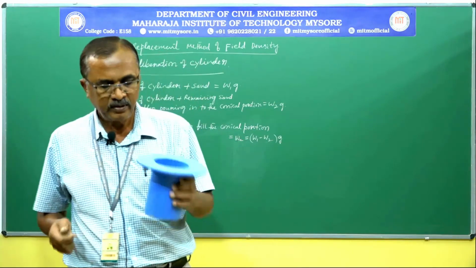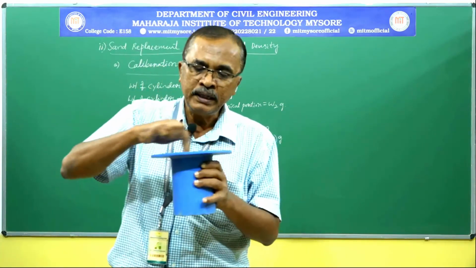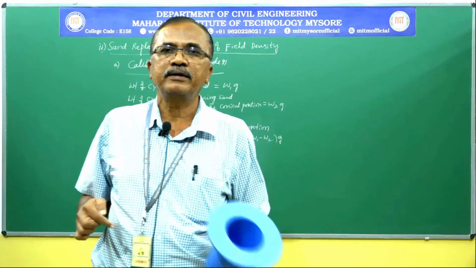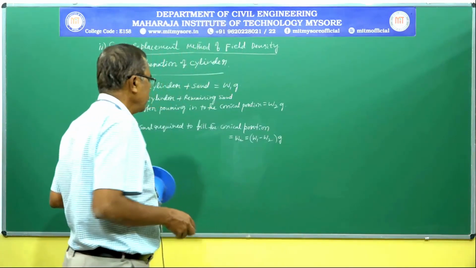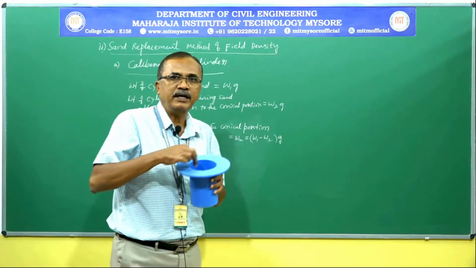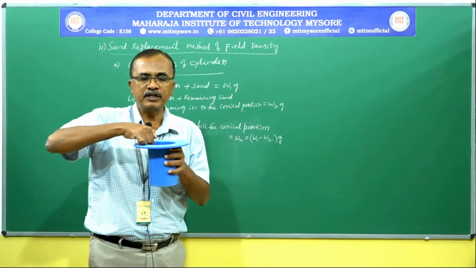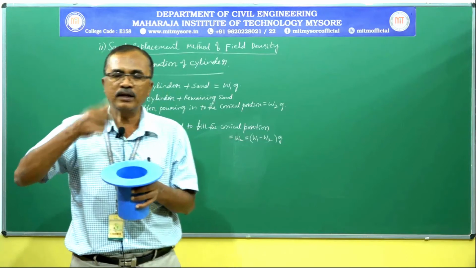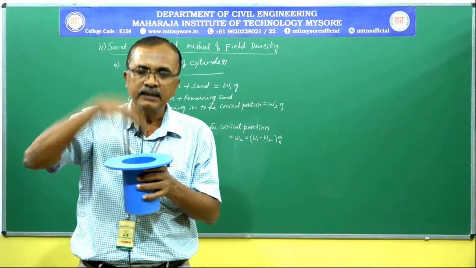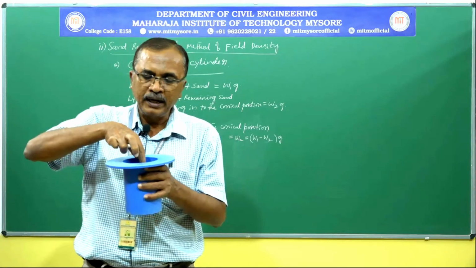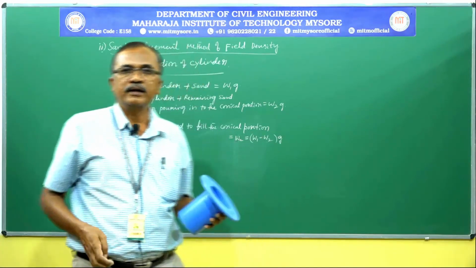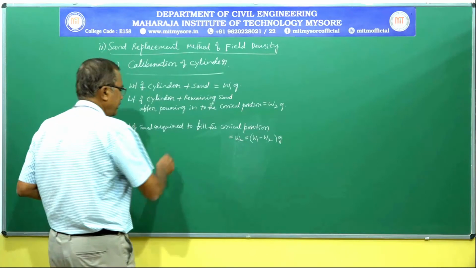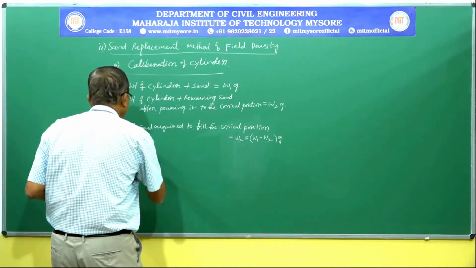Next, note down the diameter of the calibration container and height of the calibration container. Usually we always take the internal dimensions, the internal diameter and the internal height of the calibration container, that gives us the volume of the calibration container.